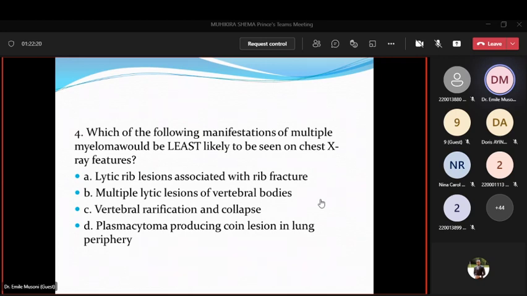Why? It can be D because the plasmacytoma, most of the time it is solitary.